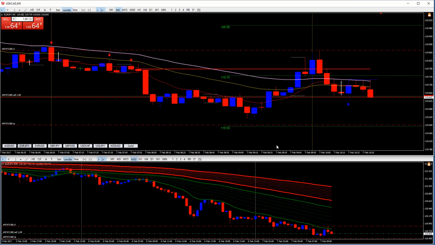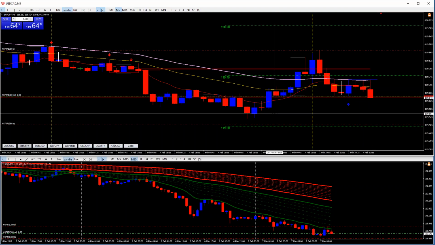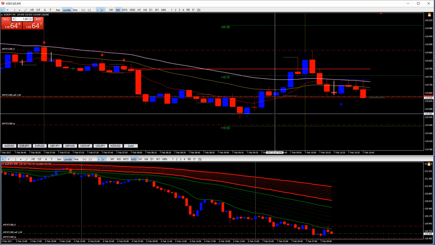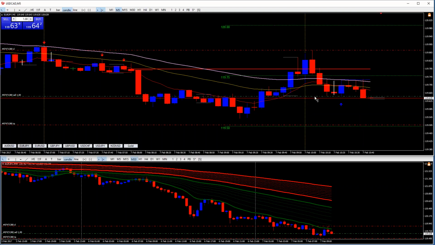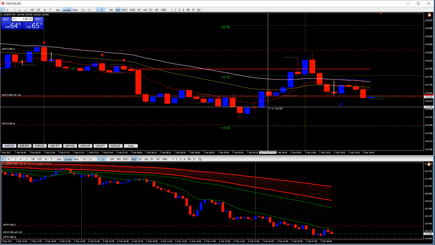I'll keep an eye on it, and then my take profit from here is set at 15. Again, when it gets close to it, if I see some stalling, I'll probably exit around the 119.561 area, which is still 8 pips, or I might exit even right here where I have a little bit more consolidation.